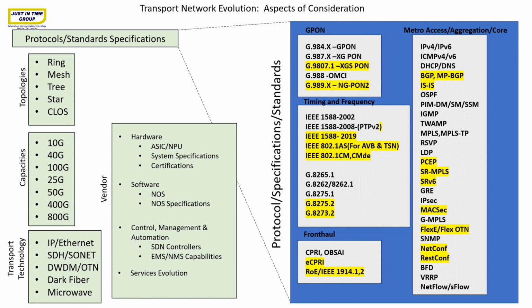Then transport technology, it could be IP Ethernet. So let's say the next iteration, in which direction that you want to go in, like whether you want to adopt segment routing v6. This is another aspect that you have to look at. And apart from that, there are other aspects that you have to look at. That is, when you're bringing in new hardware from different vendors, then you have to look at how their ASICs and NPUs are designed. Because it is very important if you're rolling out new features in your service architecture.